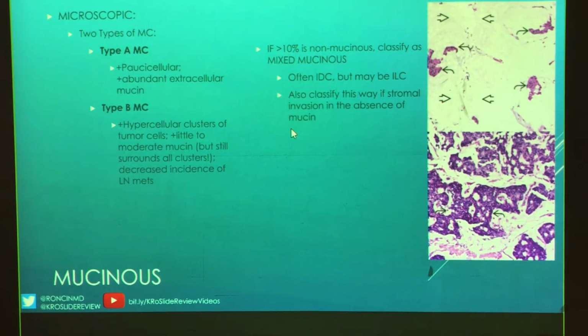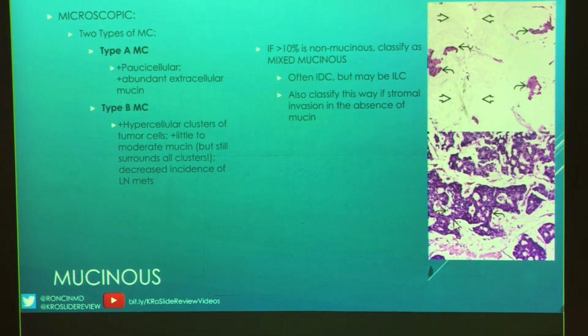Two types of mucinous carcinoma. So the first one is what we had. That example is a type A mucinous carcinoma. It's paucicellular, so there's not much going on, and there's a lot of mucin. The difference is type B, there's a lot more cells. There's still a lot of mucin, and mucin still has to surround all the clusters.